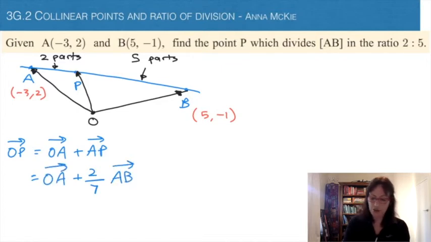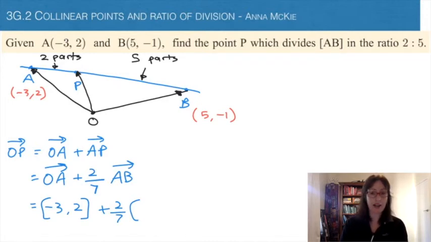So now I've got 2 things which I can work out. O to A is the vector -3, 2. And we're going to add on 2 out of 7 lots of the line AB. What is AB? I'm going to have to do a side calculation for that. So off to the side here, I'm going to work out AB. And that's where you take B first, the 5, subtract that -3.